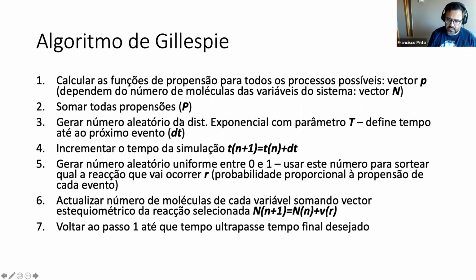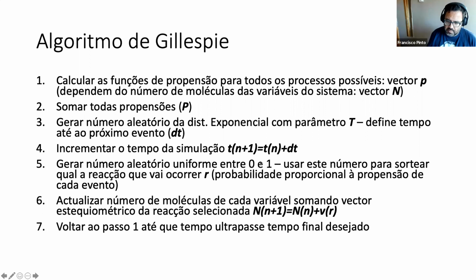Okay, so you compute the time until the next event. So you know that the time will advance by the given value, and the next time step at which you are going to change the state of the system is going to be at the present time plus dt. And you arrive at a new time point.